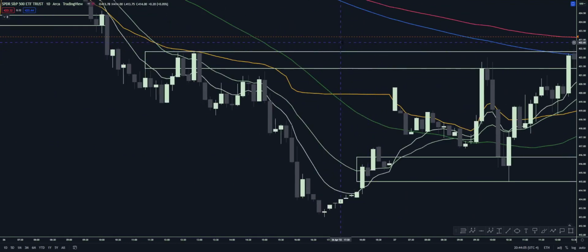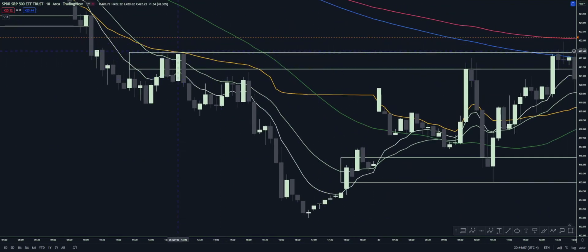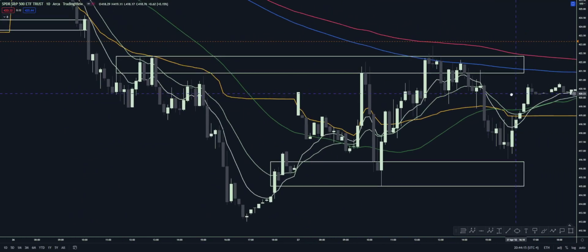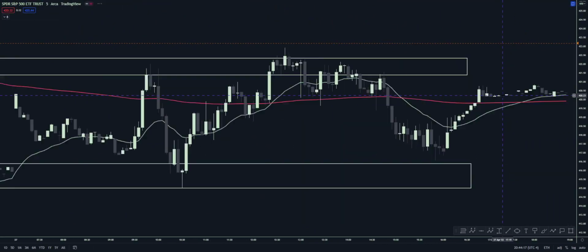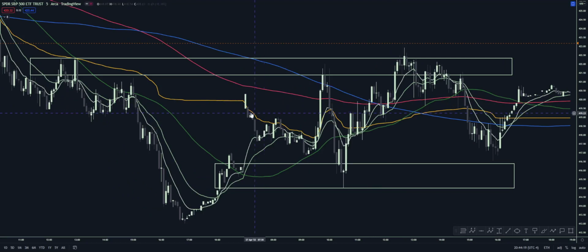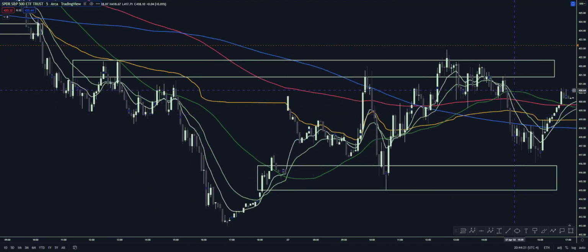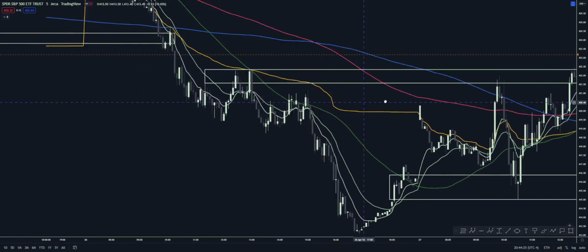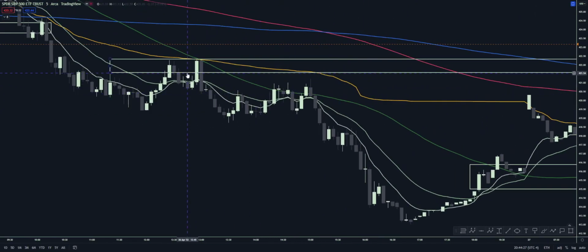If we go look at the start of this zone, I had included the top of this wick, and at that time I believe I had it right here, right at the start of this body.